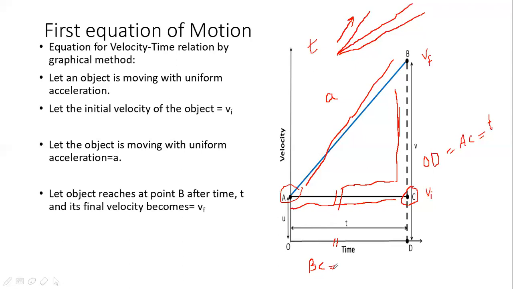BC is equal to BD minus CD. BD is equal to VF minus VI.